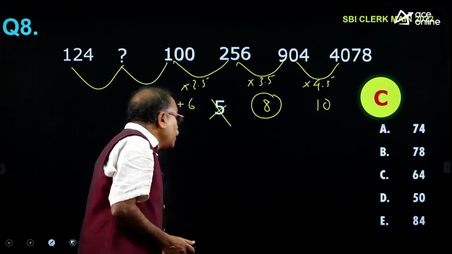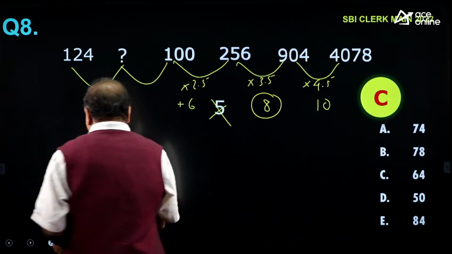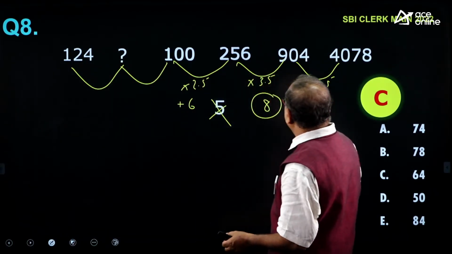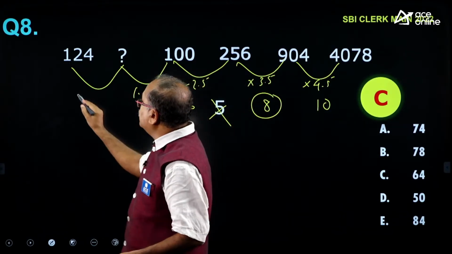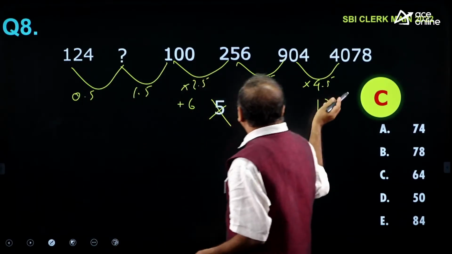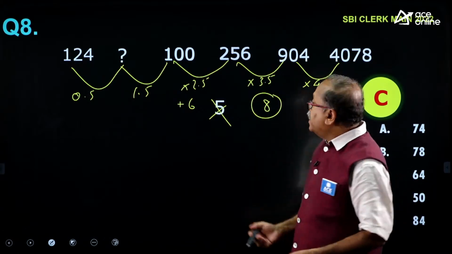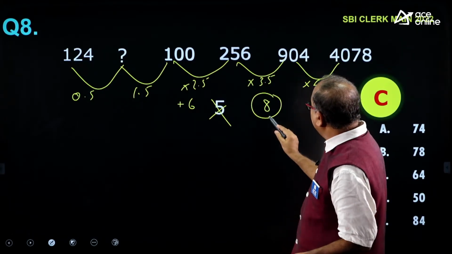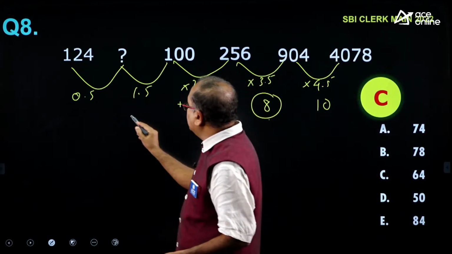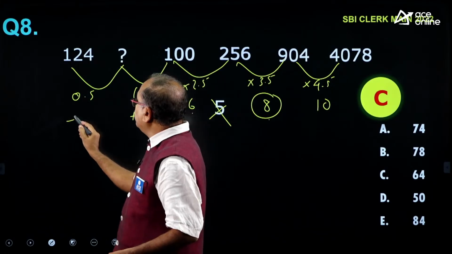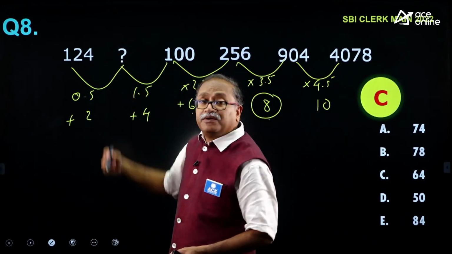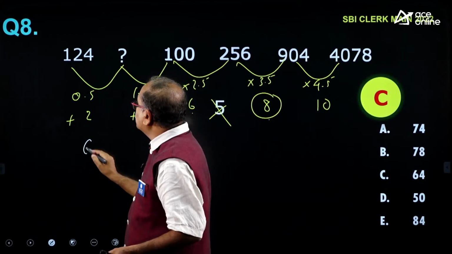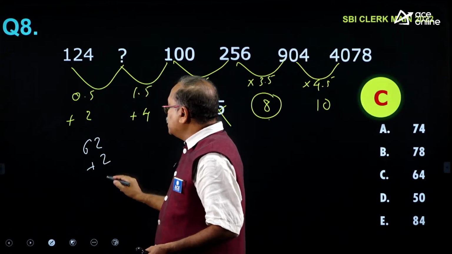So, how did you notice over here? What probably Prashanti knows is that this is 4.5, 3.5, 2.5, this is 1.5 and this is 0.5. I am applying the same logic there, and then plus 10, plus 8, plus 6, then plus 4 and plus 2. So, what happens in this case? When I multiply with 0.5, I am getting 62 and plus 2 is 64.